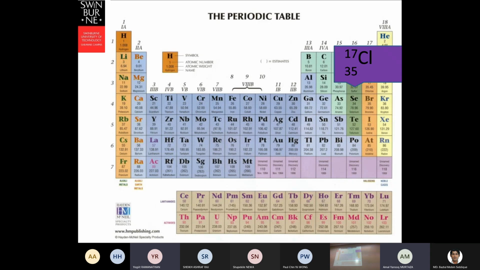Is there any change we see here in atomic number and mass number? Yes, it's flat. So the conventional system of showing it is the atomic number on the left bottom, and the mass number on the top.